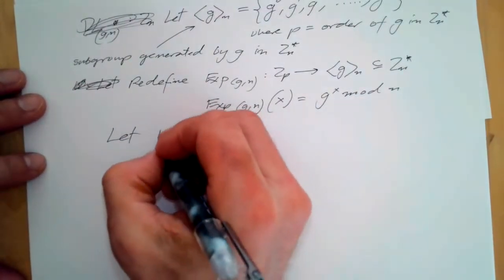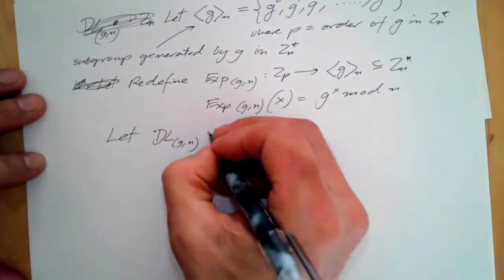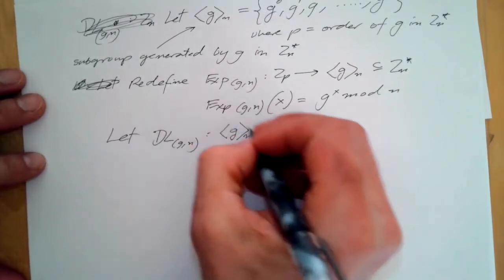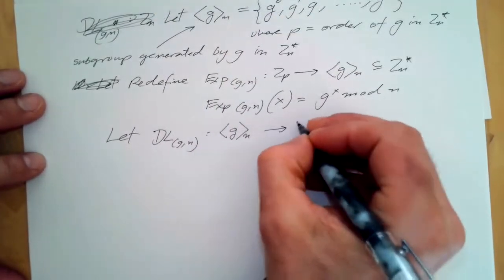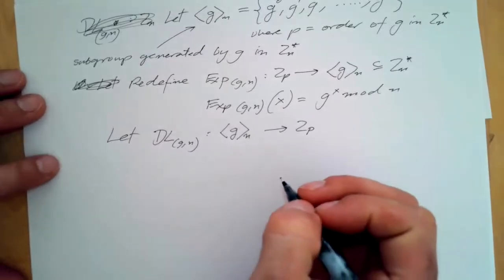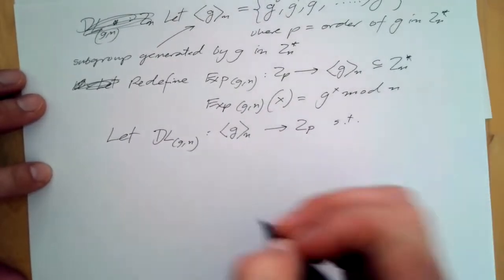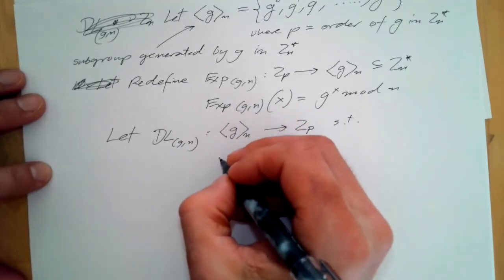Let the discrete logarithm based g,n be an inverse function. So it takes any element in this subgroup and outputs a value such that it's an inverse.